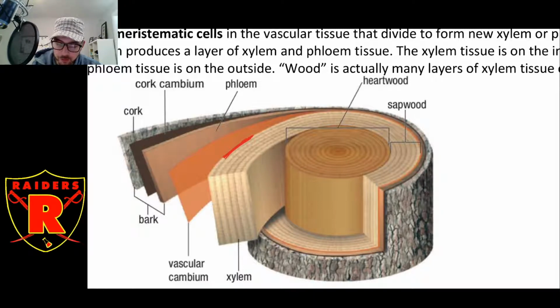All of the previous layers of xylem have been compacted towards the center of the tree, which is going to form the heartwood. The last few layers of xylem are considered to be the sapwood. That's towards the outside, and then as they get compacted, obviously they're not functional anymore. The tubes get totally compacted, and then they become the heartwood in the center of the tree.